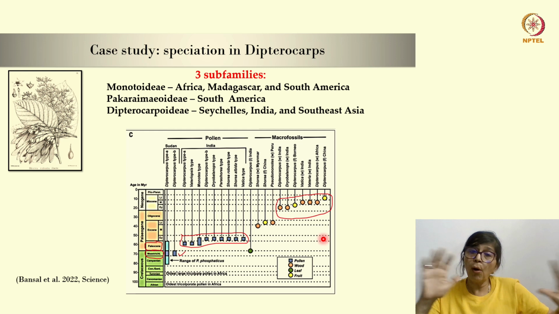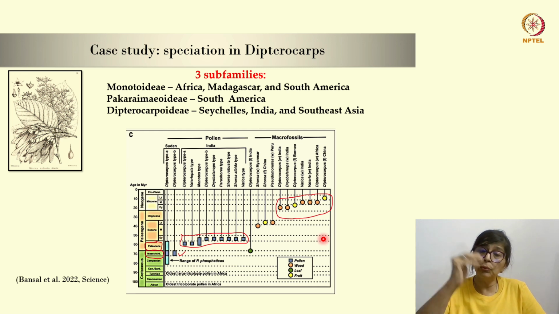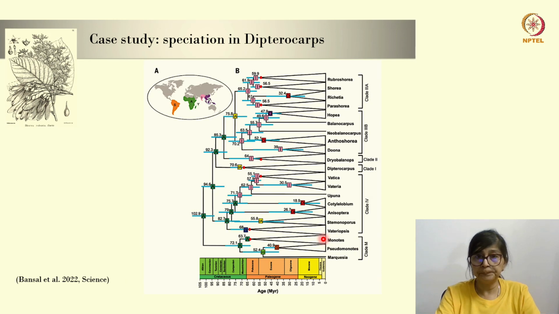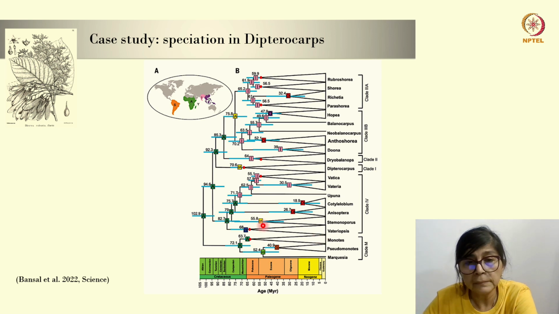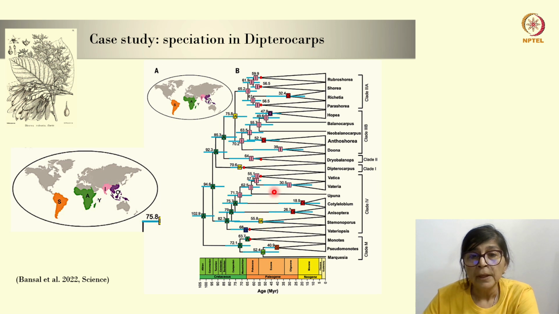So after gathering all this evidence through different fossil scales or fossil strata, they put together the information to come up with something like this. Okay, this is the phylogenetic tree of the family Dipterocarps, and you can see I've highlighted this.